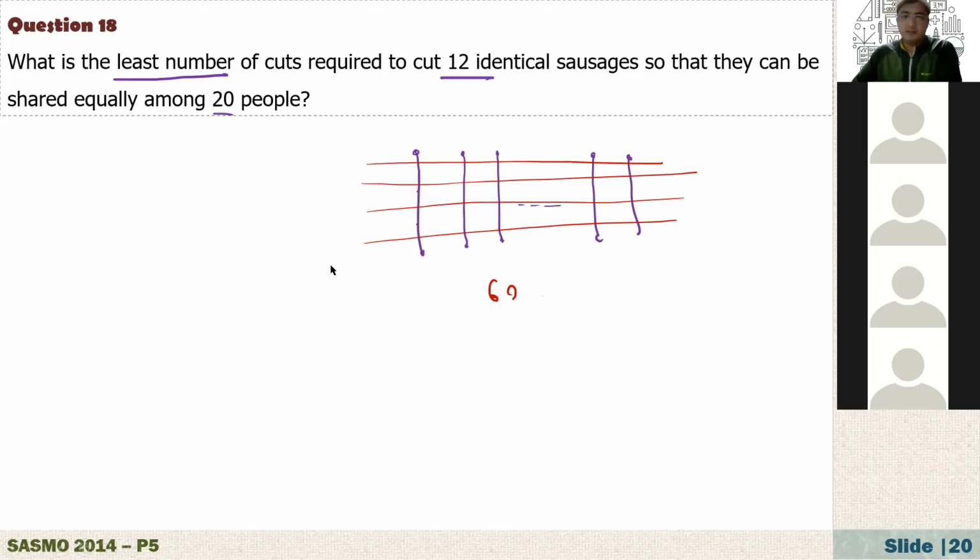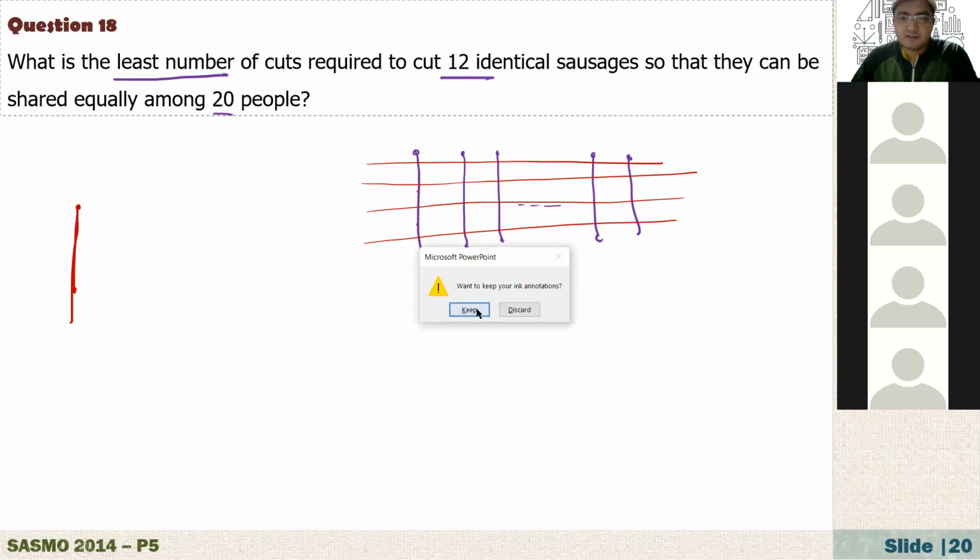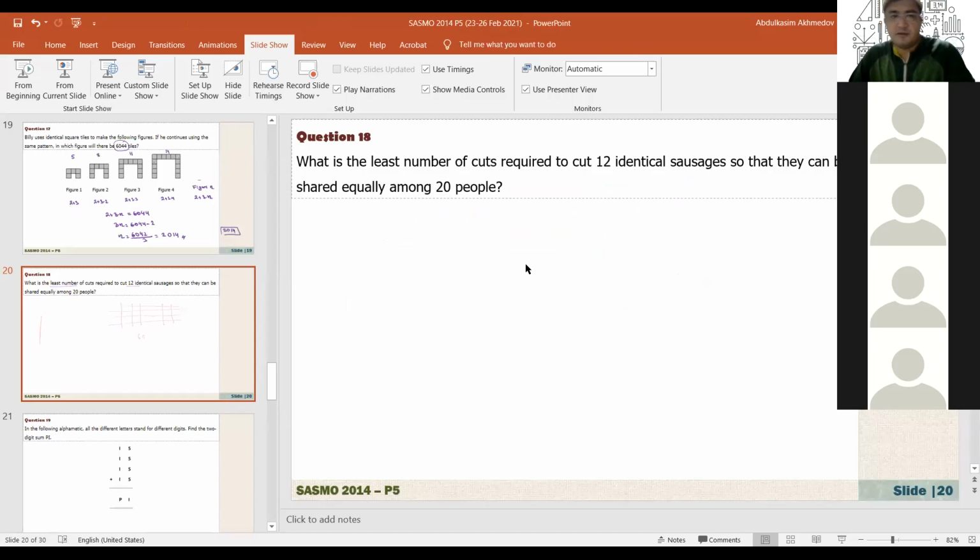Suppose that we have 12 sausages and just put them on the table. This is my first sausage, and maybe I can draw a bit longer one. Just give me a minute, I can explain much better.